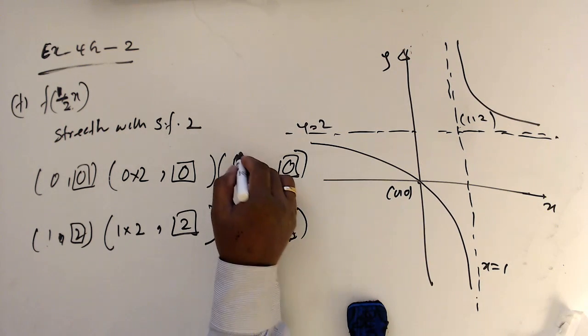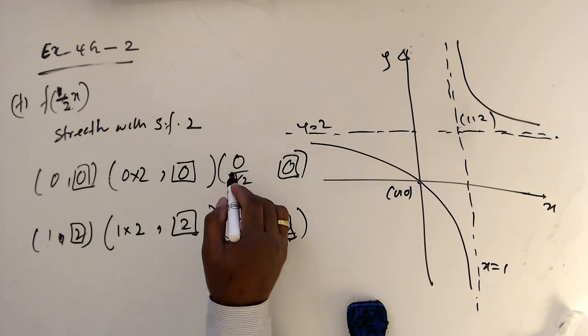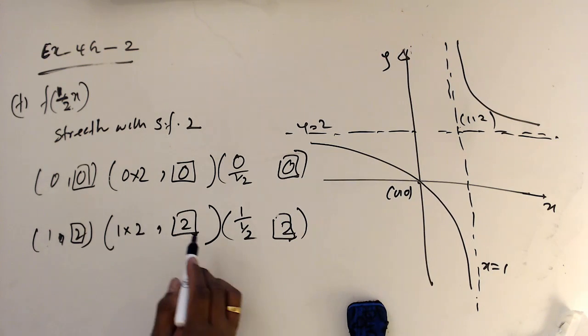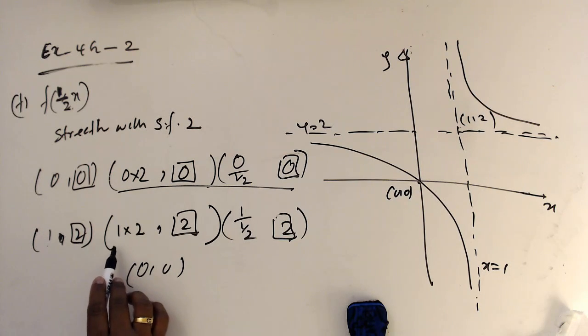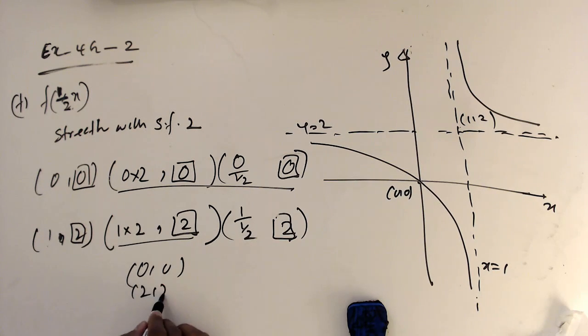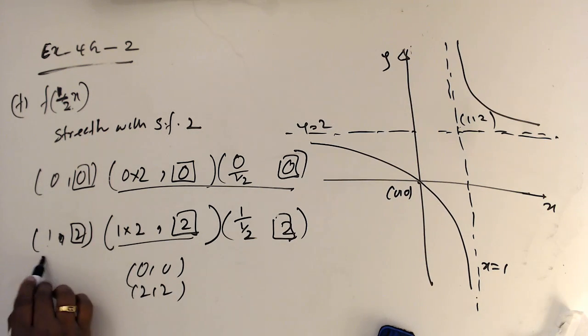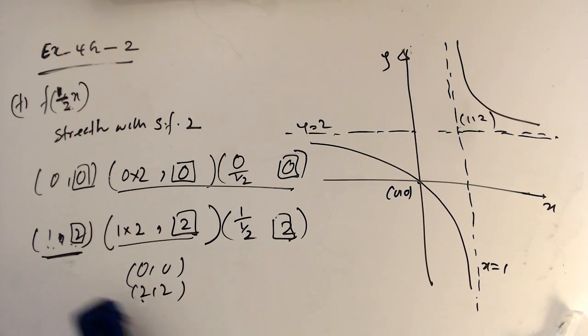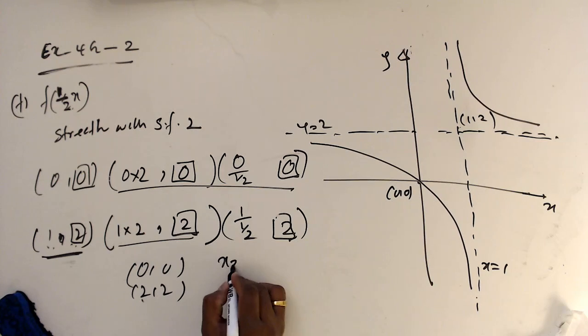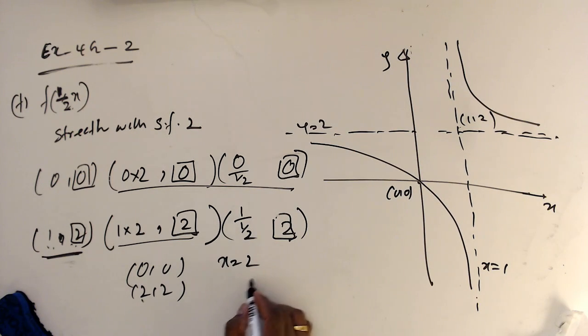So this is going to be a 0. I'll rewrite this one. This is going to be 0, 0, and this answer is going to be 2, 2. 0, 0 going to be as it is. Now I took 1, 2 as what? Those are the two asymptotes, x equal 1 and y equal 2. Now the new asymptote is x equal 2 and y equal 2.